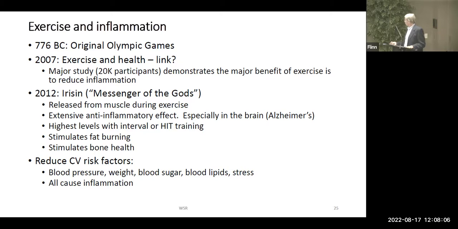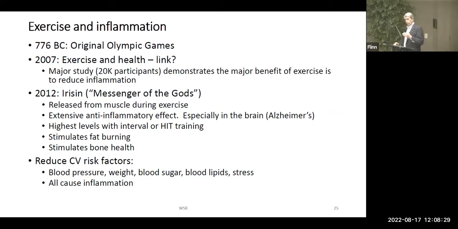Its highest levels occur with HIIT training. Now, HIIT training, high intensity intervals, is exercise where you do maximal intensity bursts of exercise with a rest, maximal intensity, rest, and so on. And that has been shown to be the way to get the maximum release of irisin.